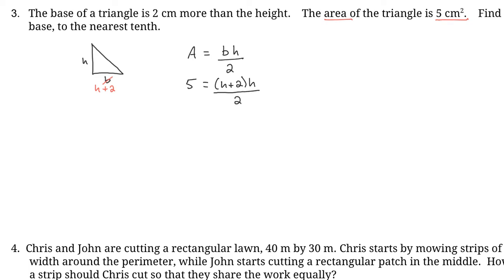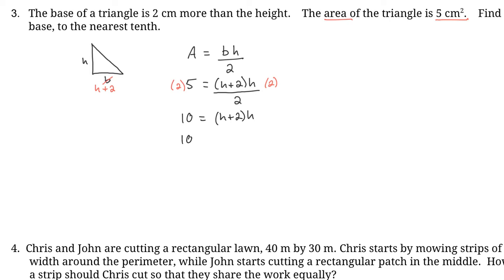So our only unknown variable here is just h. And we have this fraction here. We can multiply both sides by 2 just to get rid of the fraction. So we're just going to get 10 is equal to h plus 2 times h. And we need to simplify this, so we need to distribute that h into the brackets.